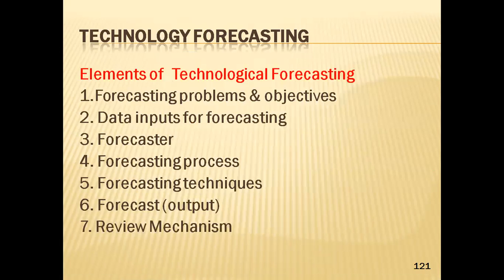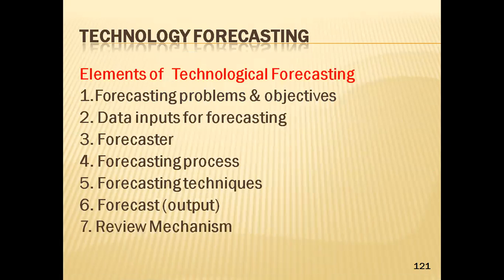So basically, technological forecasting consists of what? The input is a problem. What is the objective, what you want to achieve? Then there is a data input, there is a forecaster, that is a process. Then there are techniques. In today's class, these are the techniques we are going to study in detail: forecasting techniques.